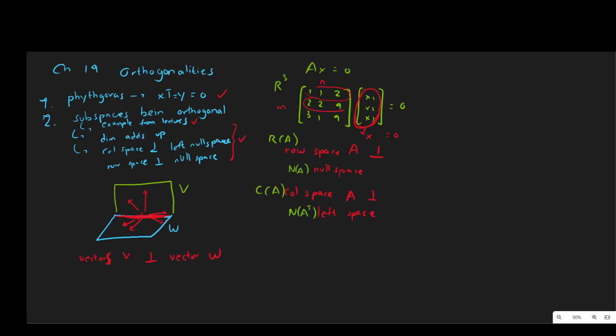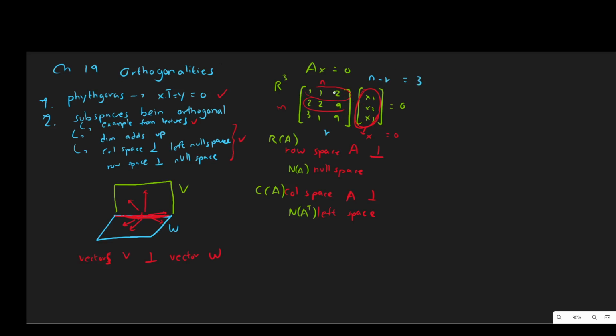The dimension, as we also know from the previous chapter, is that this matrix A has the dimension of R, while the null space has the dimension of n minus R, and then they add up to the whole dimension, right?